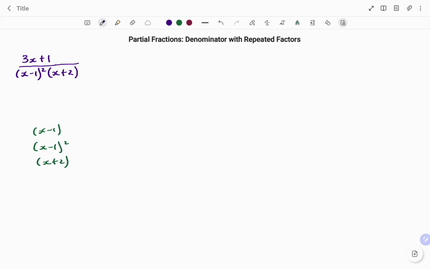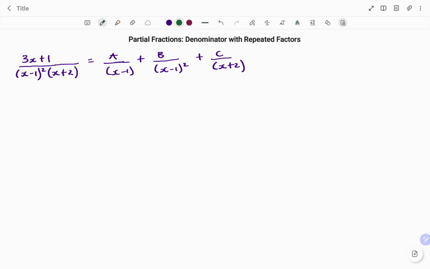So writing this as the sum of its partial fractions, we have a over x minus 1, the first factor, plus b over the second factor, x minus 1 all squared, and the third factor, c over x plus 2.